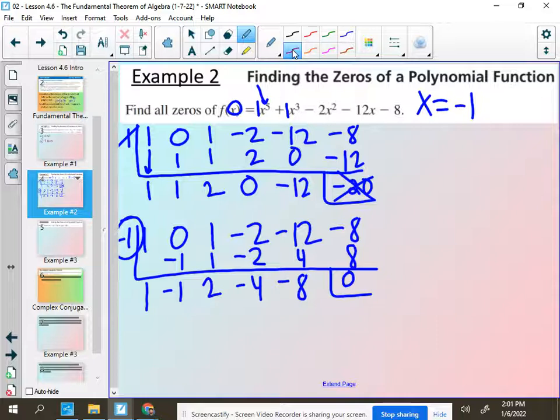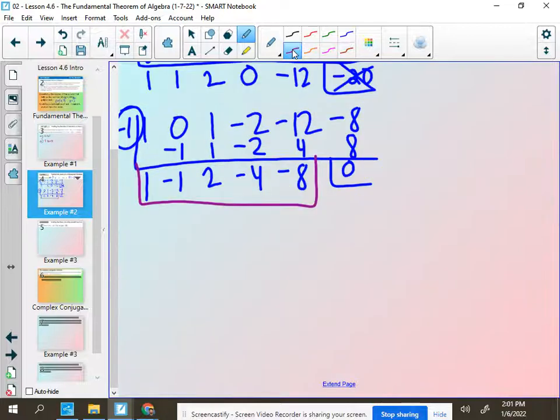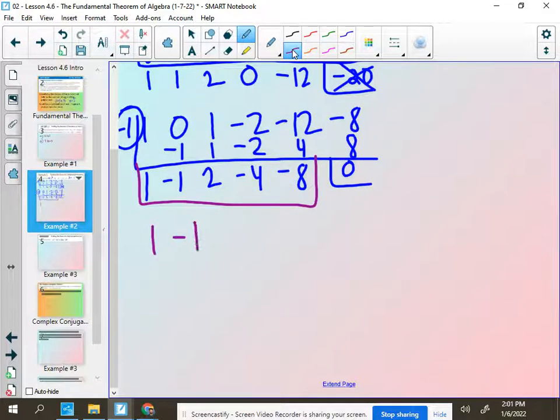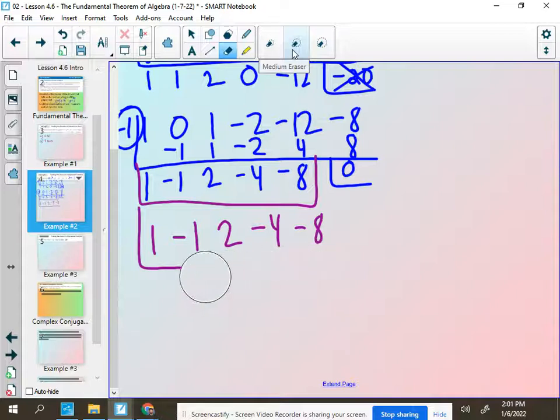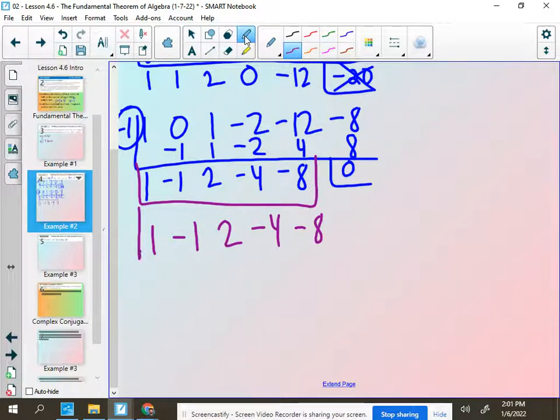As I get into this one, I'm going to repeat on these new numbers. I'm going to set up another synthetic division using 1, -1, 2, -4, and -8. I wouldn't go back and check 1. I already proved that 1 did not work. It wouldn't magically start working again now.